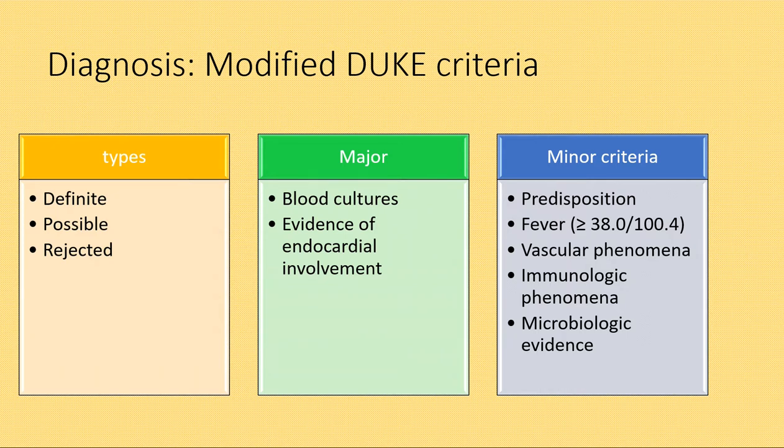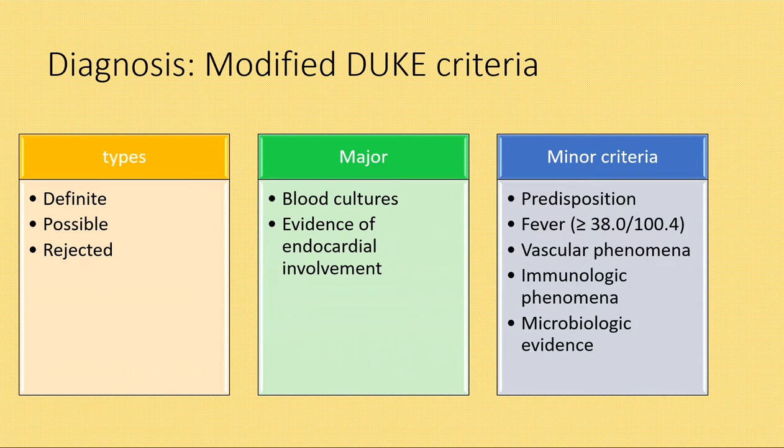And also if there is a new valvular regurgitation. For example, we do an echocardiogram and there is a new regurgitation that we didn't see previously, we're going to suspect infective endocarditis.